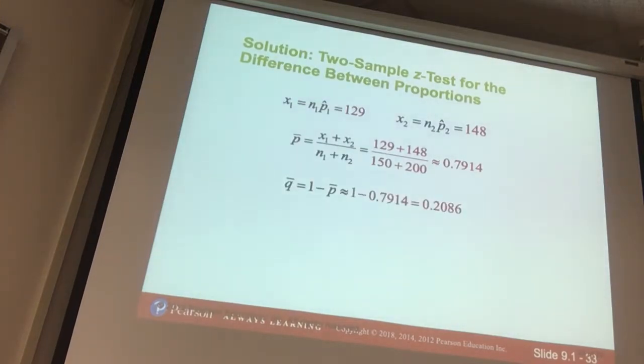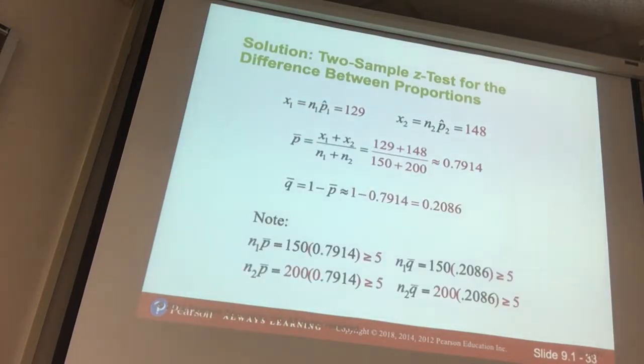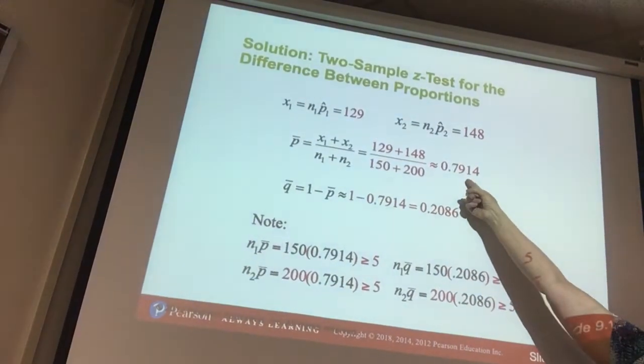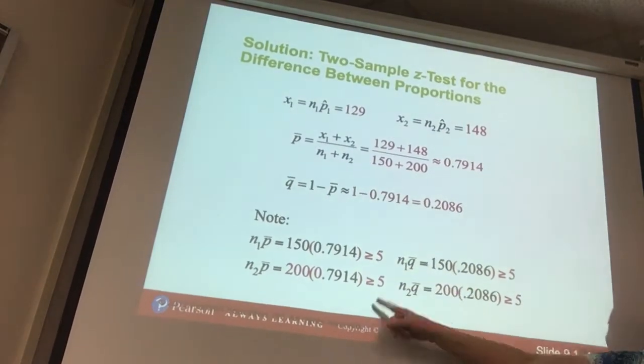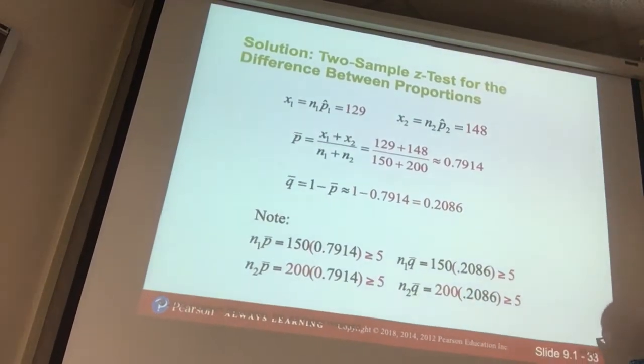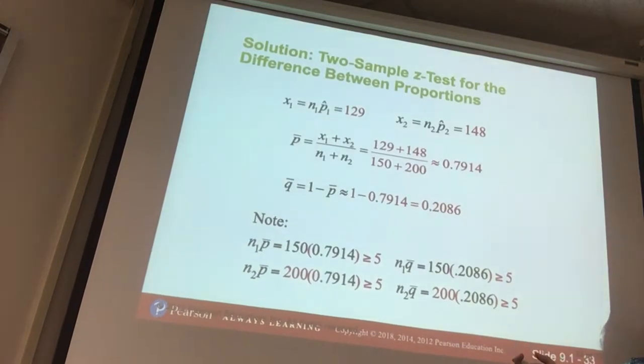And then we're trying to figure out, hey, do we have normality here? Can we do this test? So you're still going to do this by hand because you've got to use this pooled value to show me that you are legit in doing this test. That part you are going to need to be able to do by hand, okay?